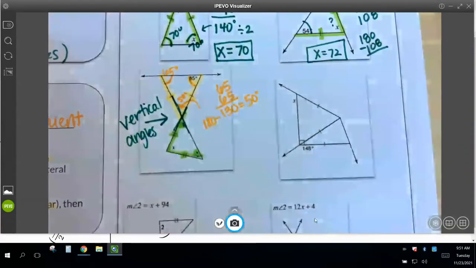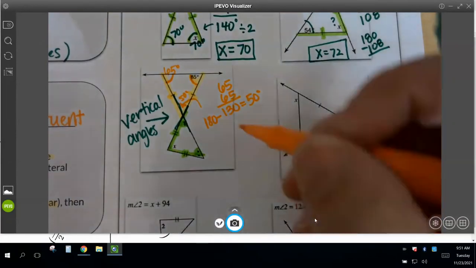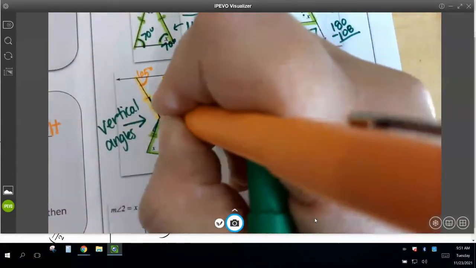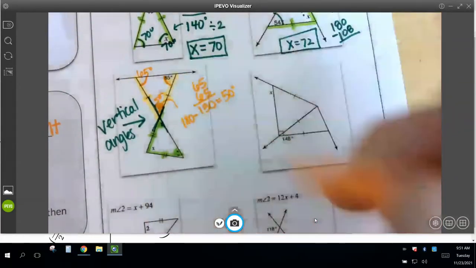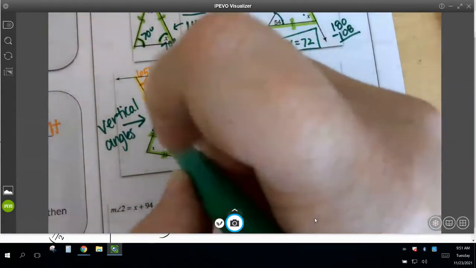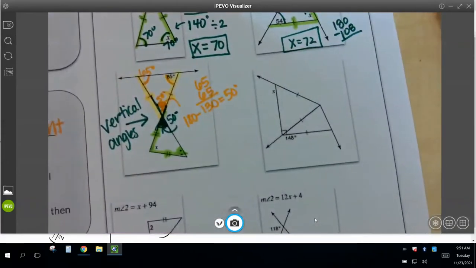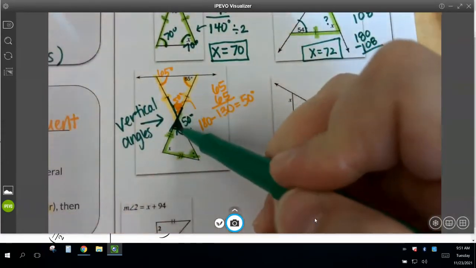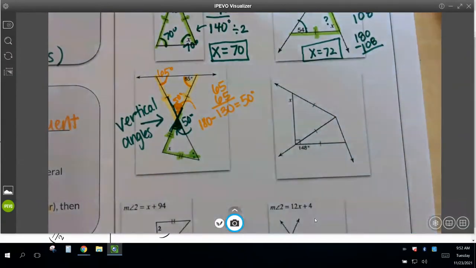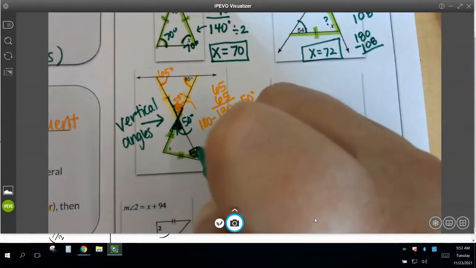Yay! Don't we miss them? We haven't seen them for a while. And you might remember vertical angles are the same measure. They're congruent to each other. So if this angle is 50 degrees up here, guess what? This angle down here also needs to be 50 degrees. And since this is one of the base angles of the triangle down here at the bottom, that means this other angle is going to be 50 degrees.